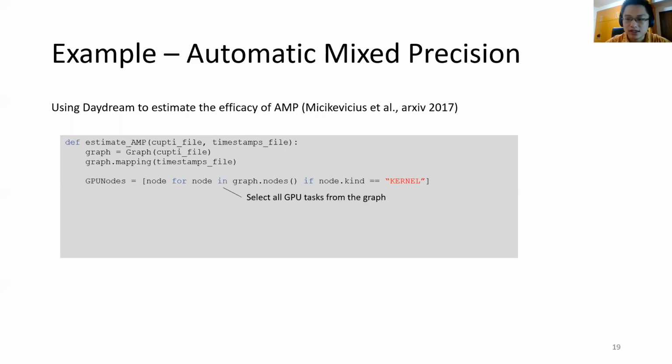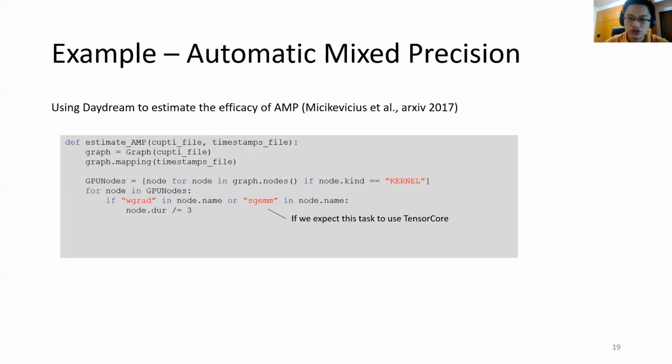Then we can select all the GPU tasks from the graph and check how AMP affects the duration of each GPU kernel. We shrink the duration of a GPU kernel by 3x if we expect this kernel to use tensor cores, and by 2x otherwise if it uses half precision cores.